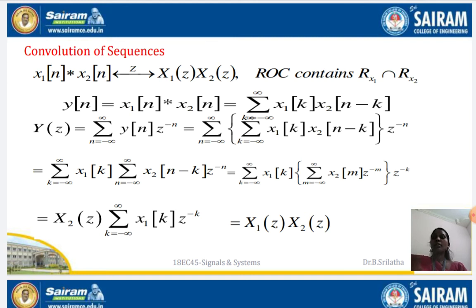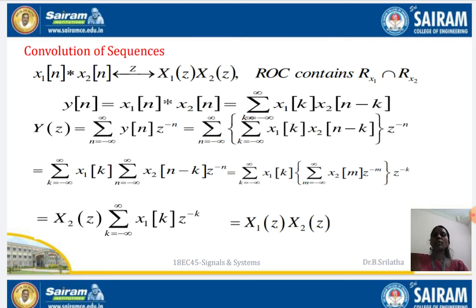Let us consider y of n is the convolution of the two input signals x1 of n and x2 of n. Already in the first module we discussed the convolution sum. The convolution sum is nothing but summation k equal to minus infinity to plus infinity x1 of k into x2 of n minus k. Correct. Now I am going to write the z transform of y of n.